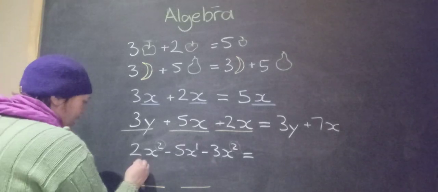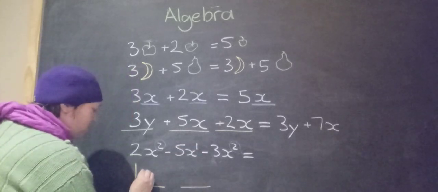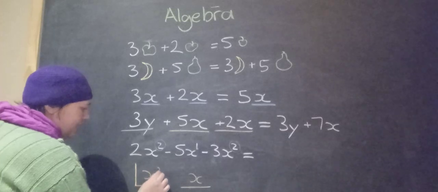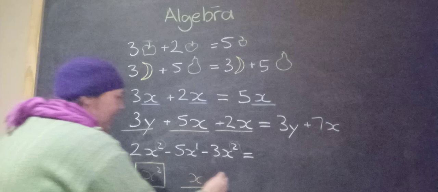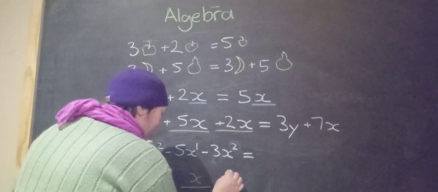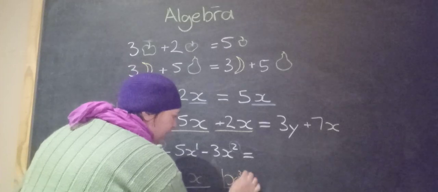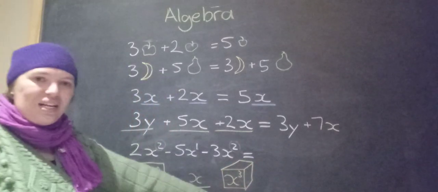If we had 3, then it would have been like this. So this is just an x. This is an x squared. Squared literally because it makes a square. And this would be x cubed, would be a cube. So it's got 3 dimensions.